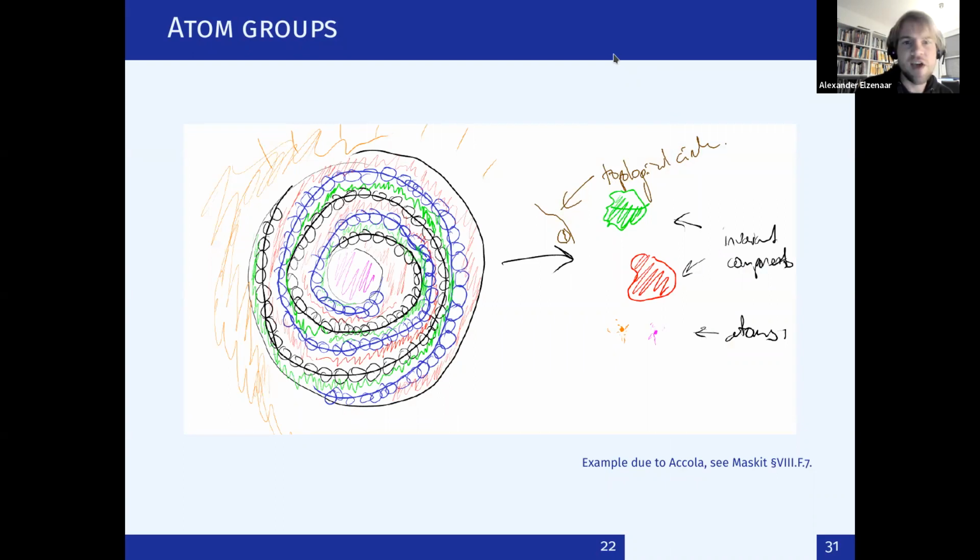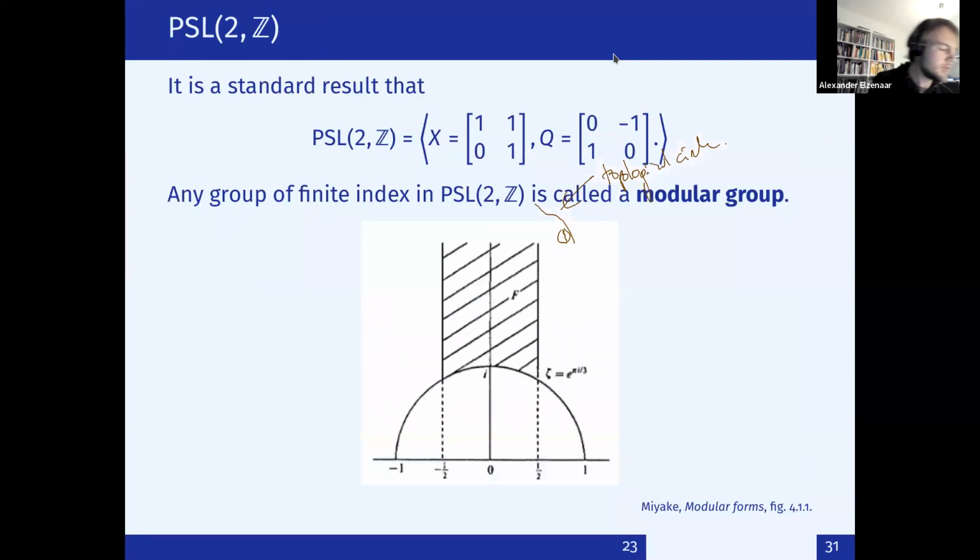I think in the interest of time, I'll skip this example and just go on to some arithmetic examples in the last 5 minutes. So PSL2Z is certainly a discrete subgroup of PSL2C. Oh, I forgot to mention, I was giving everything the compact open topology, whatever that means.